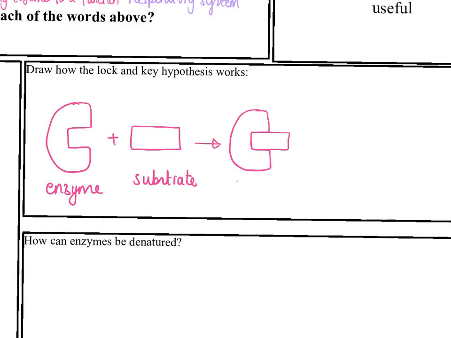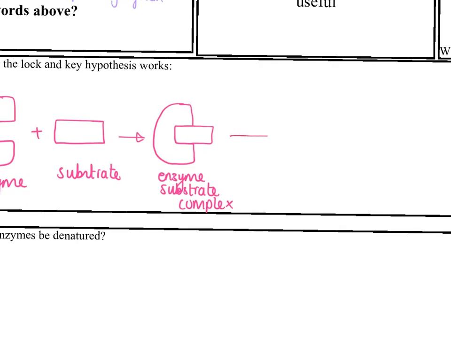Where this would be called an enzyme substrate complex. And then from there, we'd have our enzyme, getting dodgy, and we might have then our products.